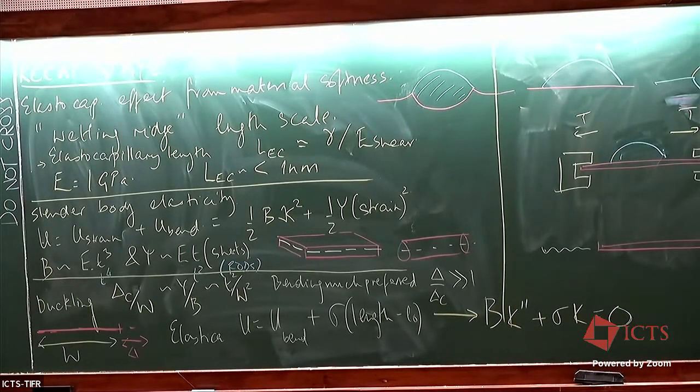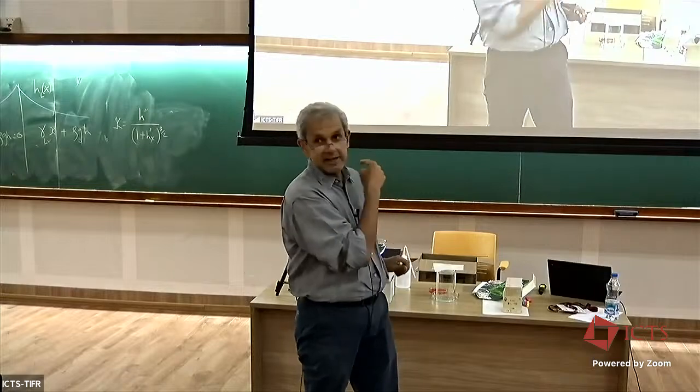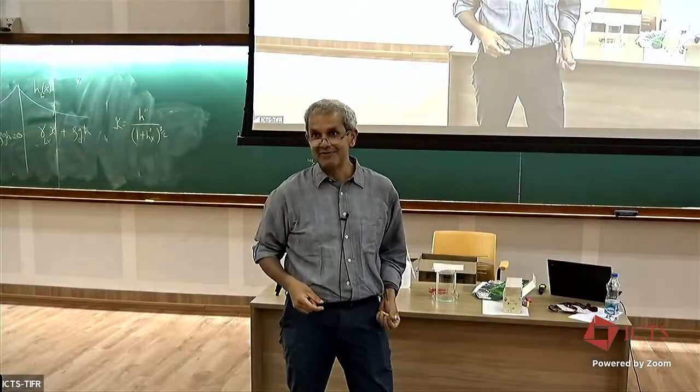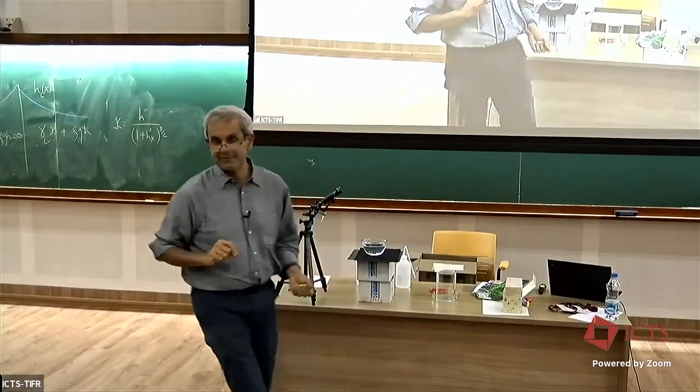Yeah, so the gamma for the sheet doesn't appear. Gamma for the sheet appears in a subtle way. Gamma for the sheet appears in that it should wet it. If I pick a sheet that doesn't get wet by water, so it appears the same way as it appears in this problem, I wouldn't even get a sheet at the interface if that delta gamma wasn't a positive value. Thank you.